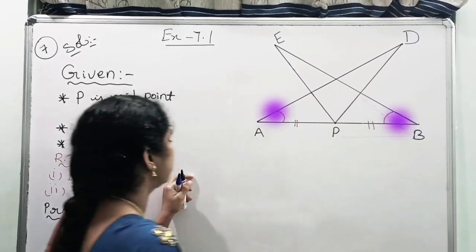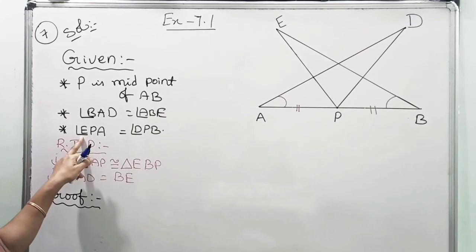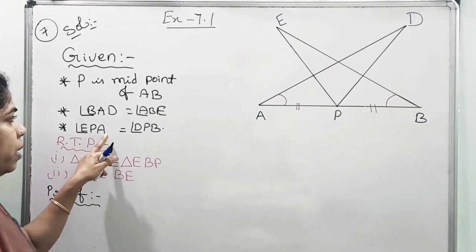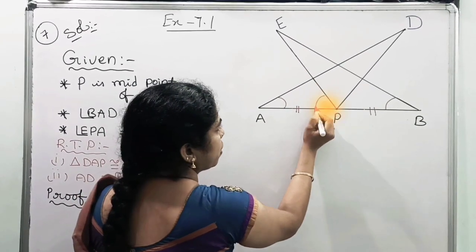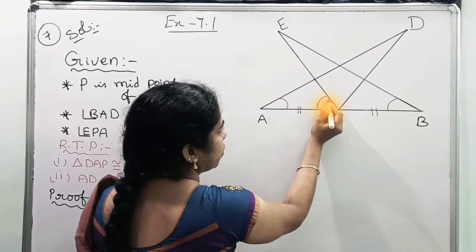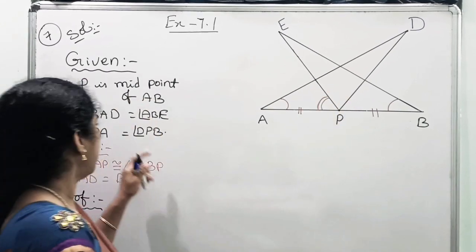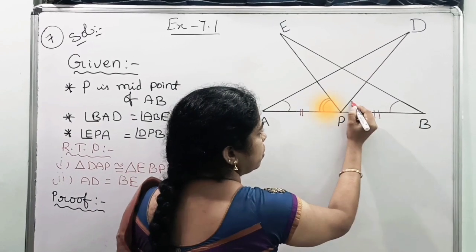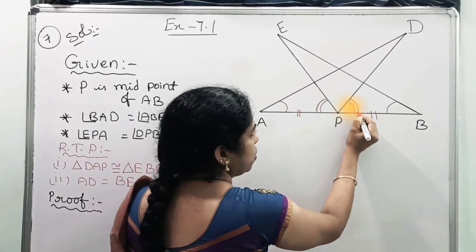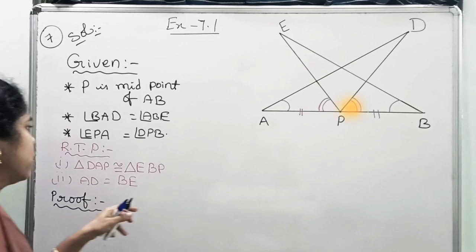This is also given. Next part is angle EPA. This part is equal to angle DPB. This part. So this is the given information.